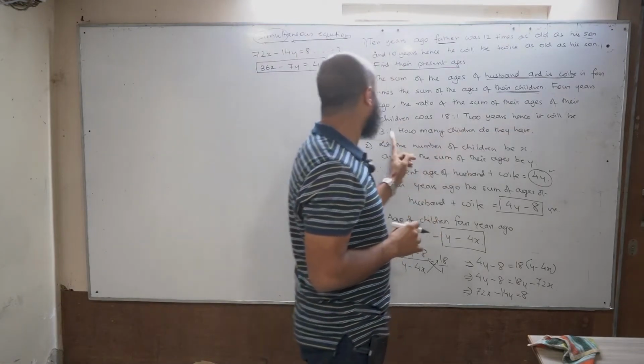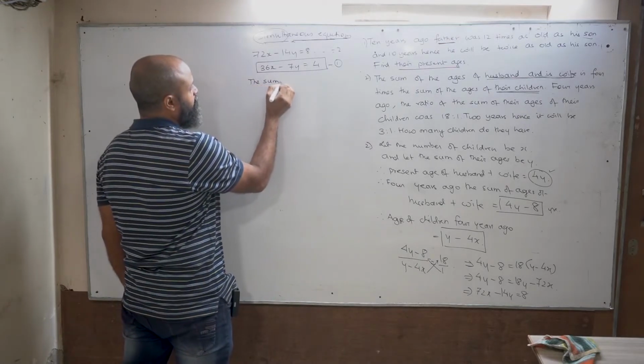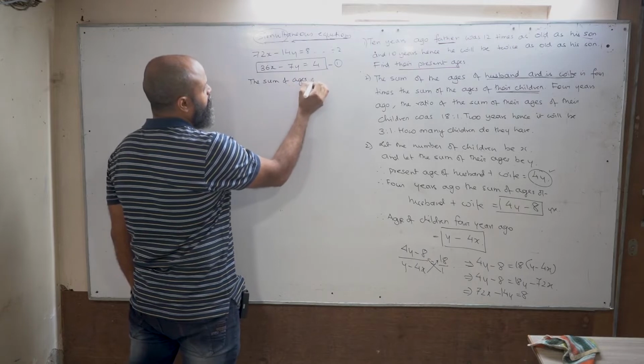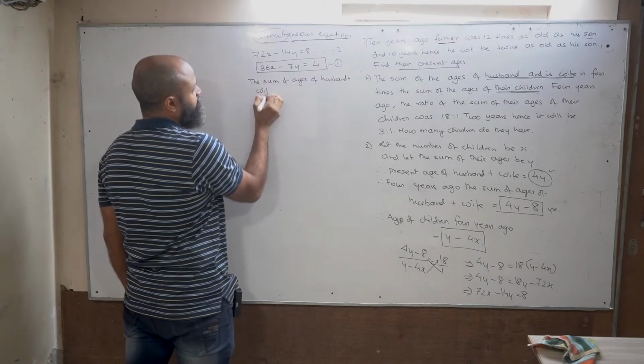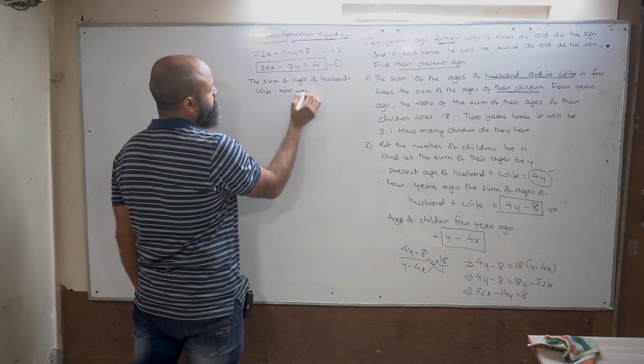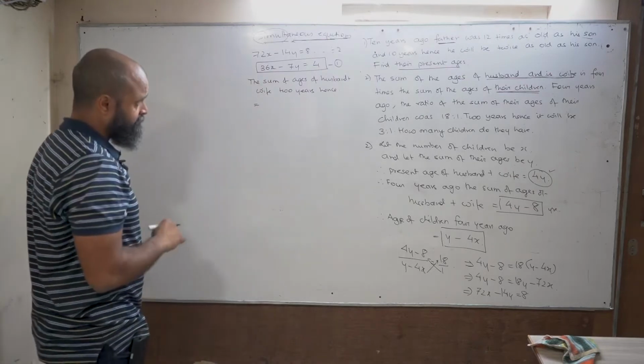2 years hence it will be 3:1. So let's look at this. The sum of ages of husband and wife 2 years hence. What will this be?